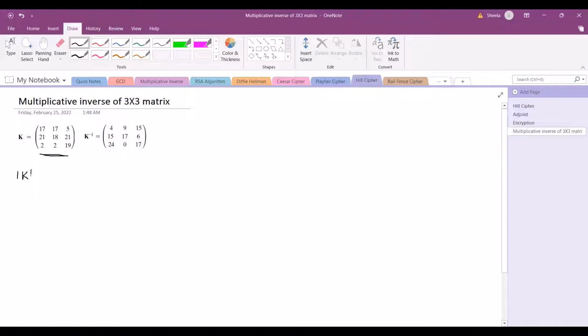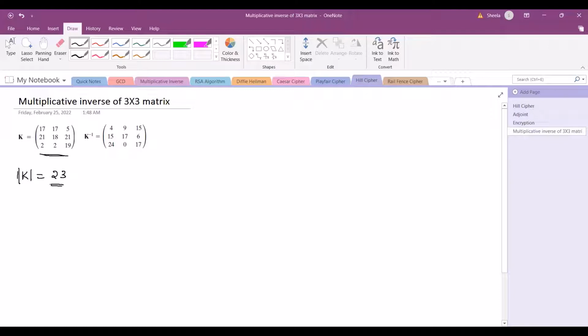So directly you enter the matrix in your calculator and find the determinant. Here we are going to get the determinant of K as 23. And I need to find the multiplicative inverse.